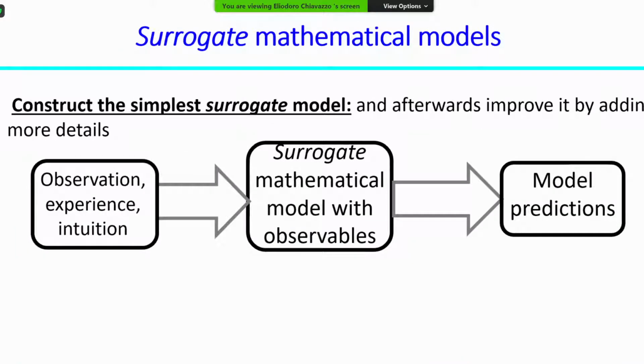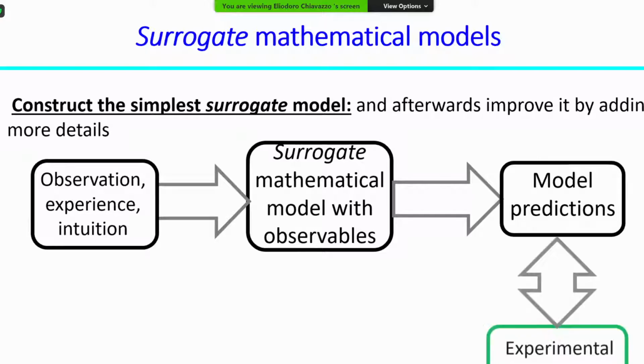On the opposite side, you can take a completely different path. You can construct what is known as surrogate or mechanistic models. You just start from observation. You use observation and your experience, intuition, and knowledge about the system, and write down the minimum set of equations required to describe the evolution of experimental observables and make predictions.